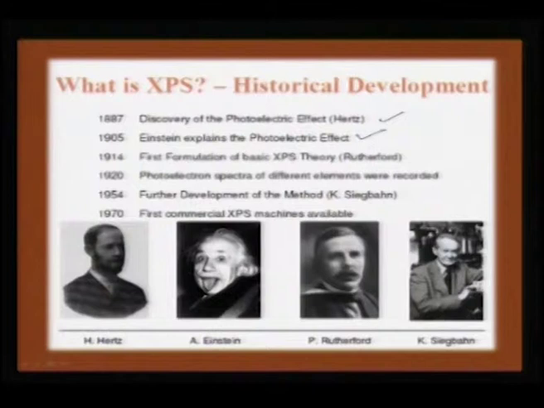So, in 1905 it was Einstein who used the quantization proposed by Max Planck and explained what the photoelectric effect means. The first formulation of basic XPS theory was by Rutherford in 1914, and then photoelectron spectra of different elements were recorded in 1920, and since then it has been a major effort as a surface probe tool.